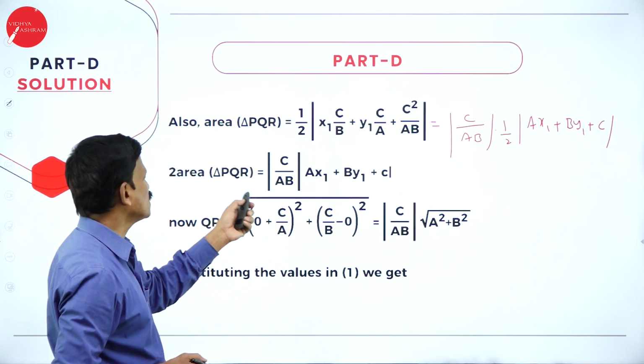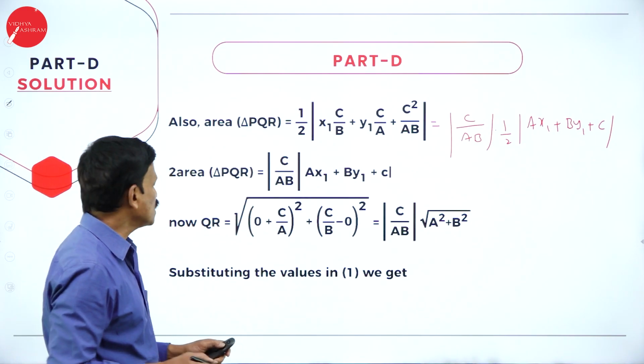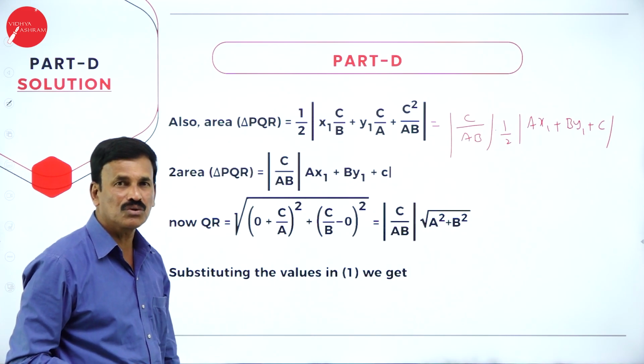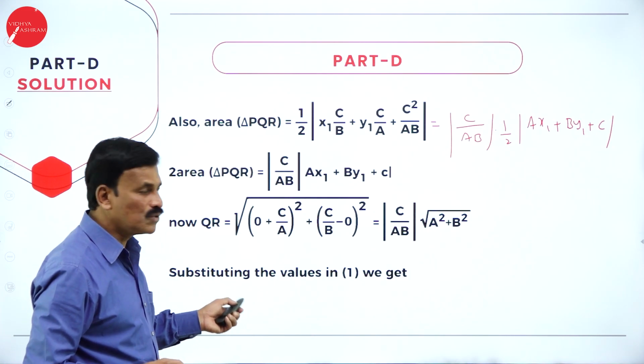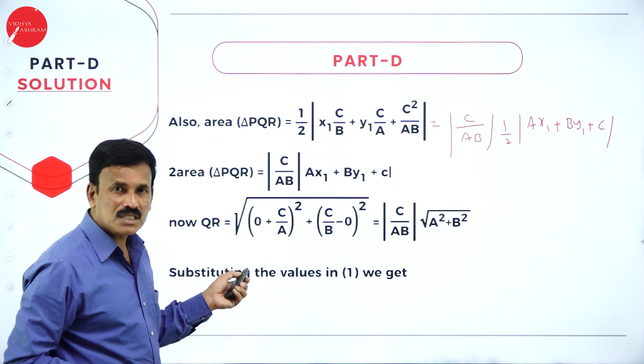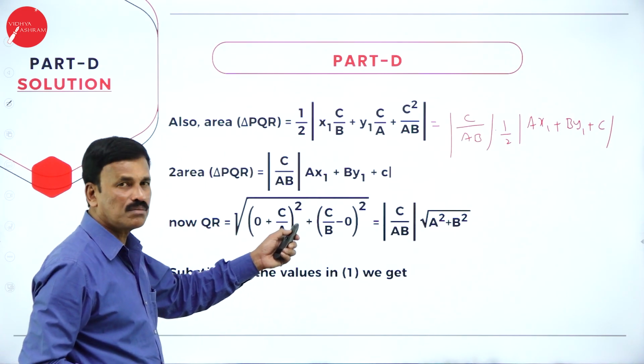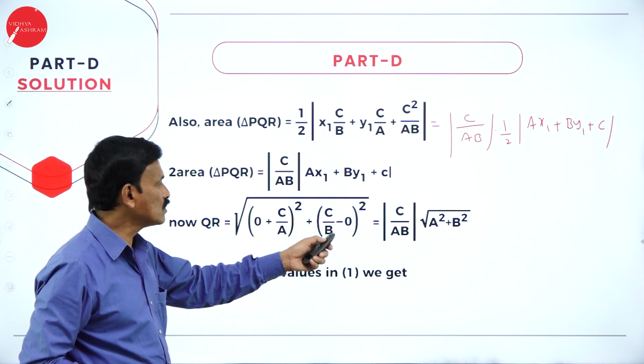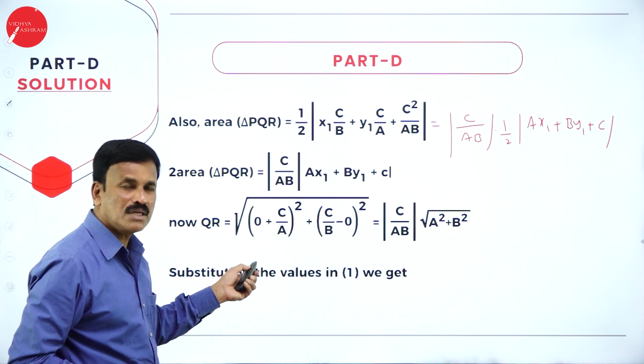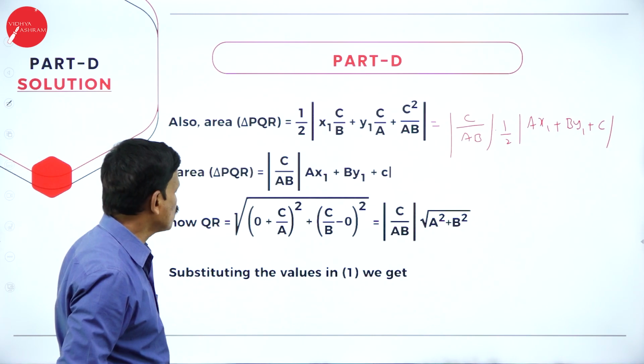Now to find the distance from Q to R, using the distance formula, QR is equal to root of (x1 minus x2) whole square plus (y1 minus y2) whole square, that is 0 plus c by a whole square plus c by b minus 0 whole square, equal to, you can take c by ab common factor, times root of a square plus b square.